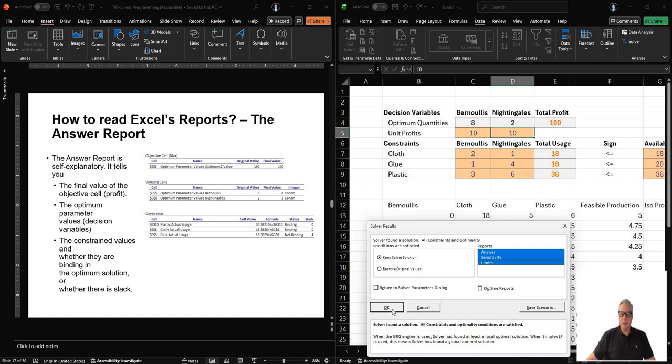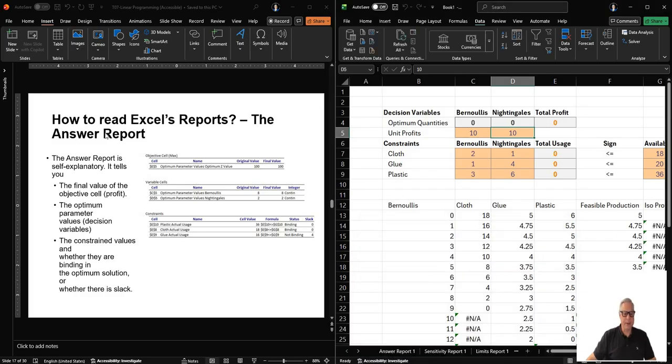So when we look at the answer report, all it tells us is the original value. Well, in this case it was 100, so let's do it again. Let's repopulate them.